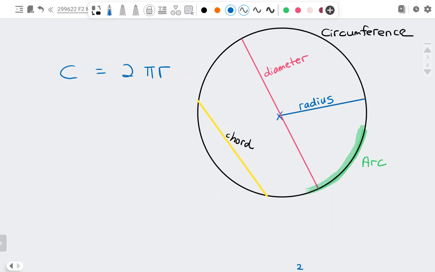And also the definition for arc. Arc means part of the circumference.